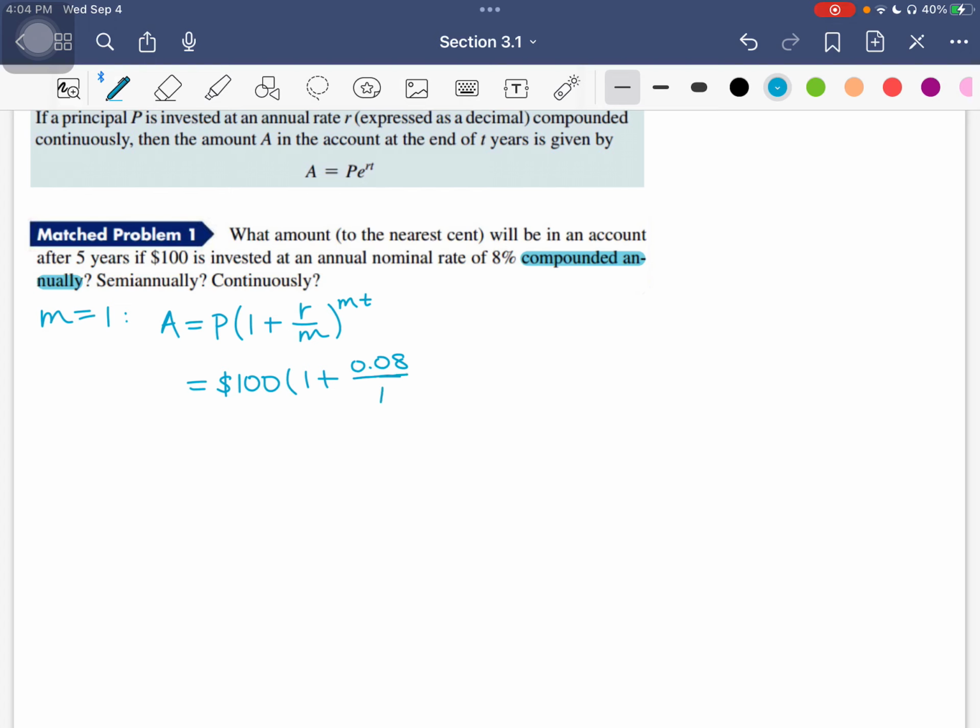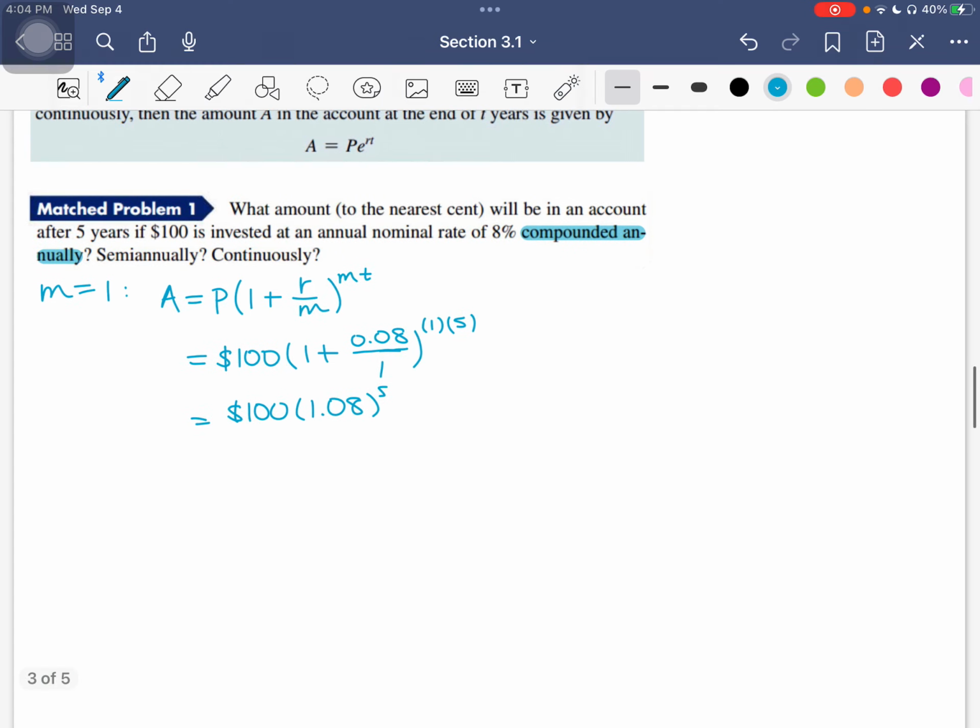And this will be all over 1 because we're compounding annually. And this will be times 1, and then T is 5 years. So T is 5. Right, so then we'll get 100 times 1.08 to the 5th power. And then this is roughly $146.90.